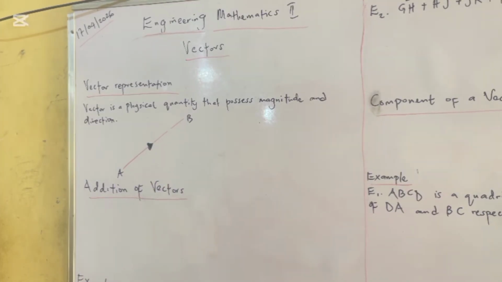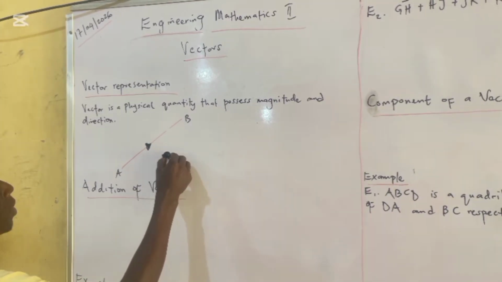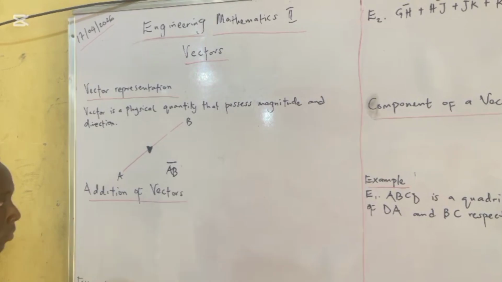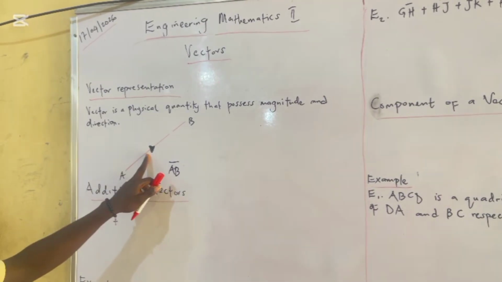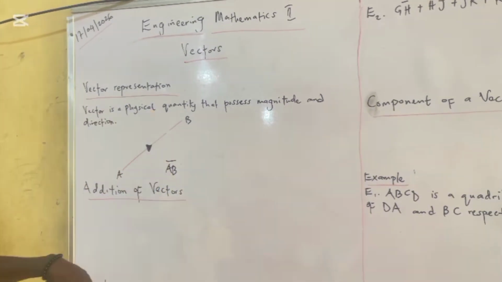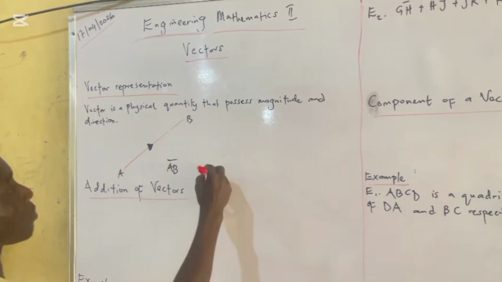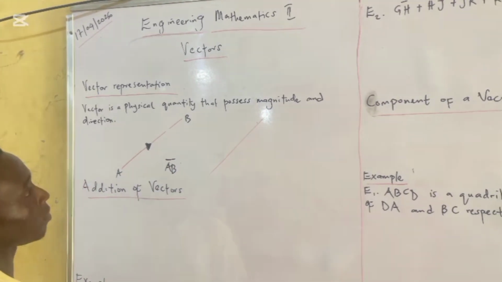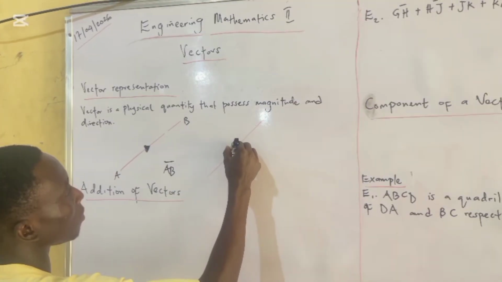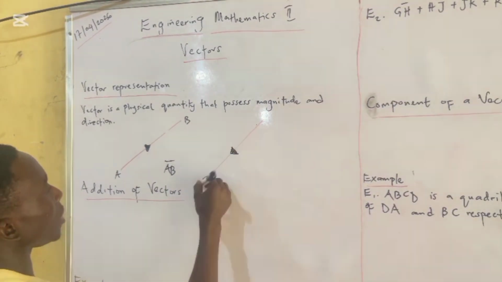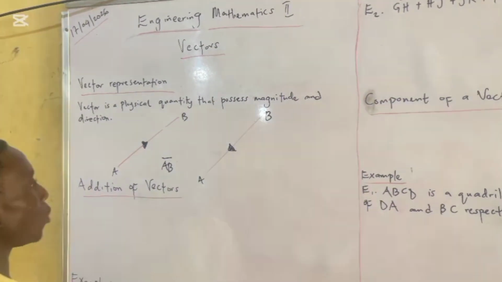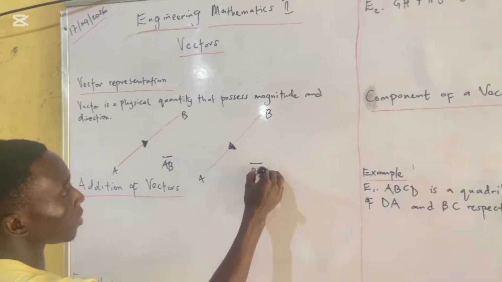So if you want to write this vector, I will say this vector is vector AB. Now, I can turn this arrow back, and it becomes vector BA. In that case, I will have something like this, and I will say the same AB, but this time around, it is already BA.